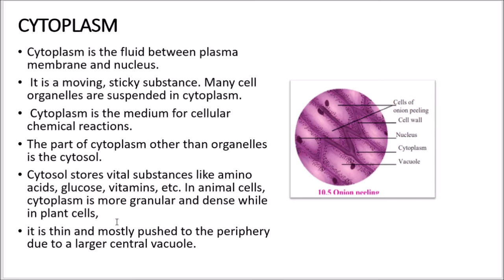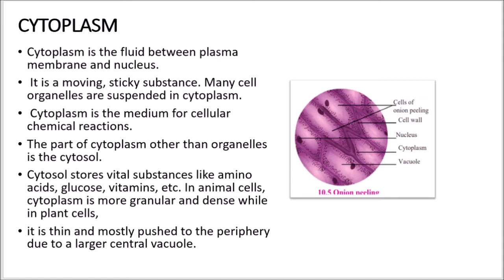In animal cells, cytoplasm is more granular and dense, while in plant cells there is no thick cytoplasm. It is thin and mostly pushed to the periphery due to the large central vacuole.